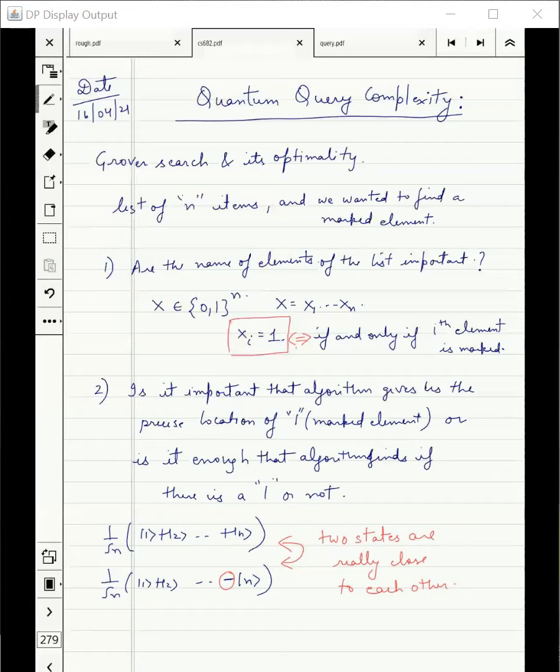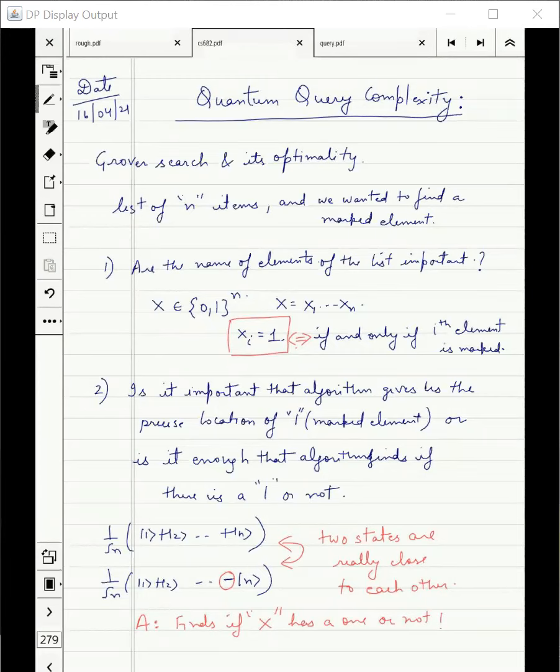So let's say you have an algorithm that finds if there is one or not. A is an algorithm which finds if some string has a one or not. And we have shown that we can do it in square root n queries or whatever.